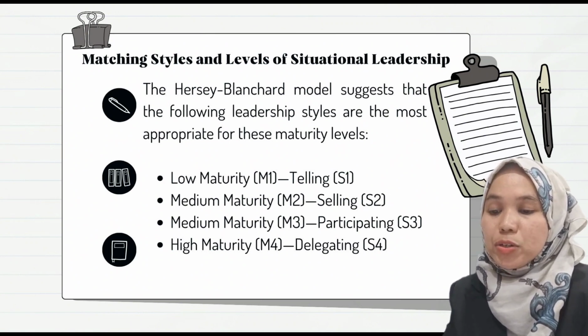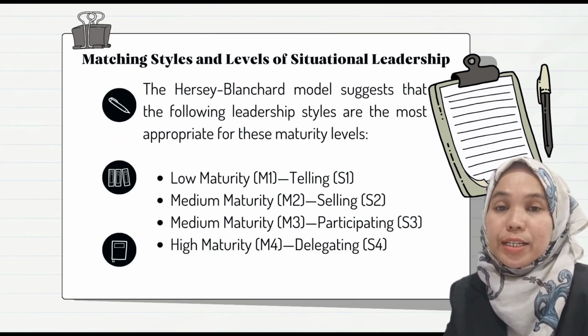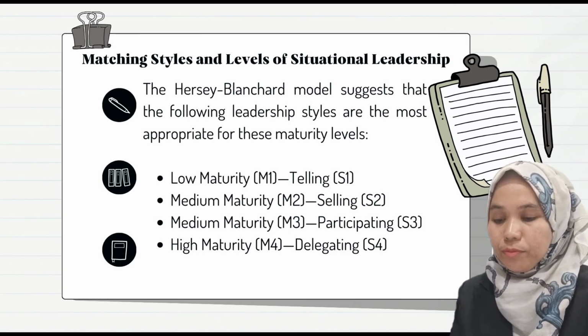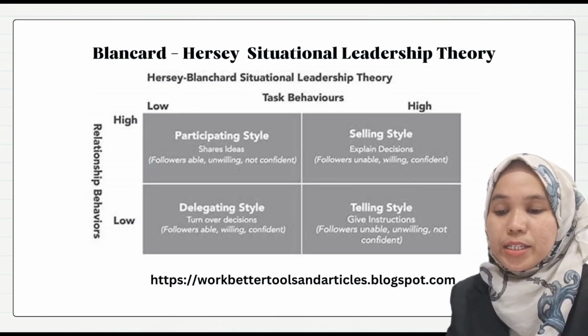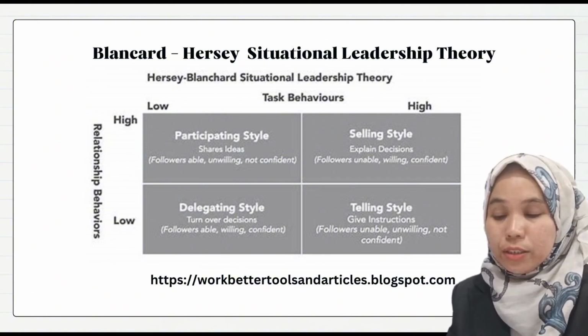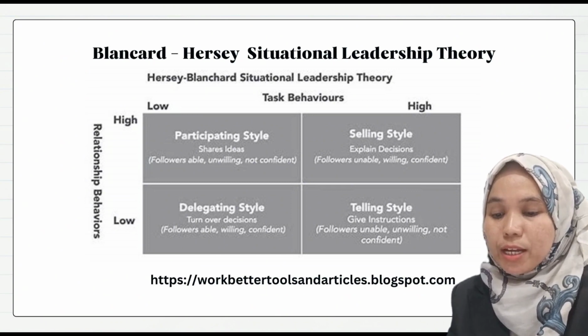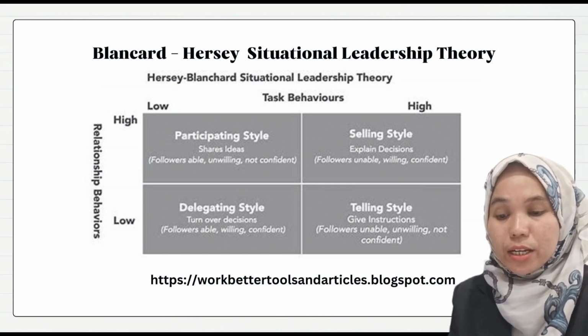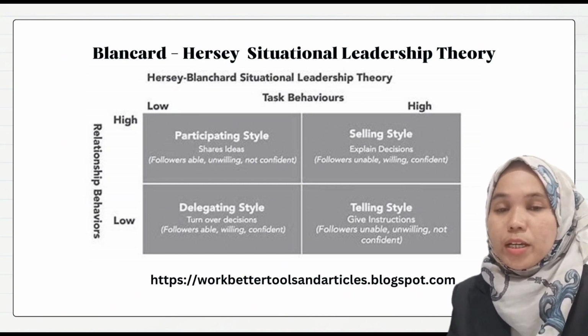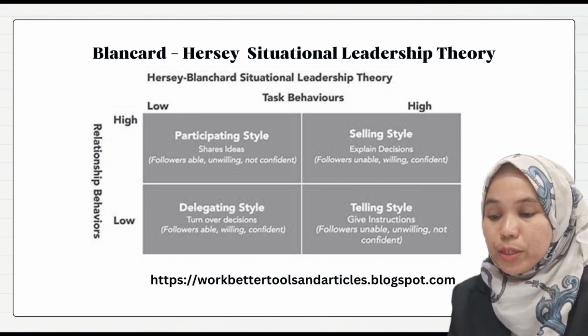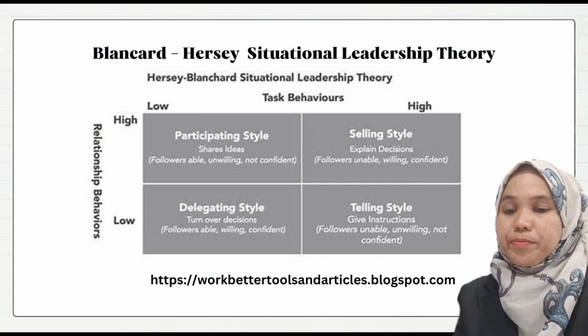And for high maturity level, delegating style is appropriate. Blanchard and Hersey situational leadership theory. As we can see, there are 4 styles on the model, which are participating style, selling style, delegating style, and telling style. It shows the relationship between behavior and task.